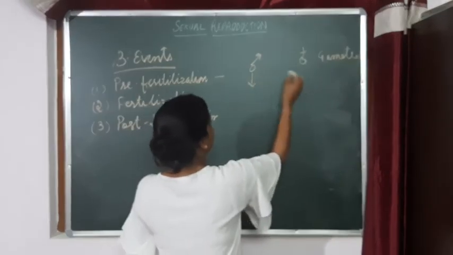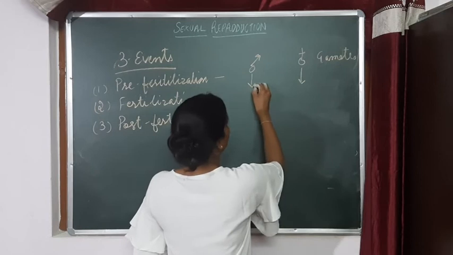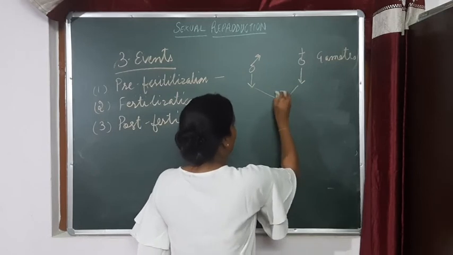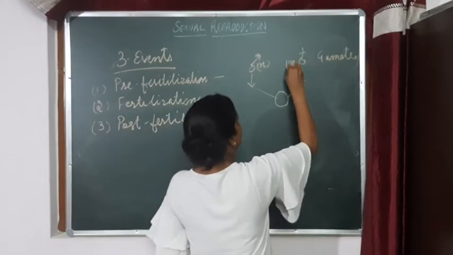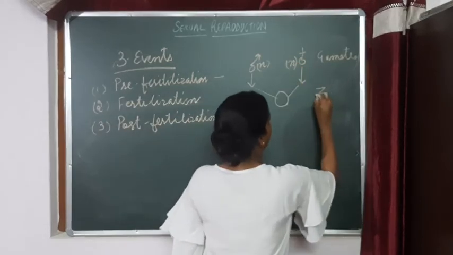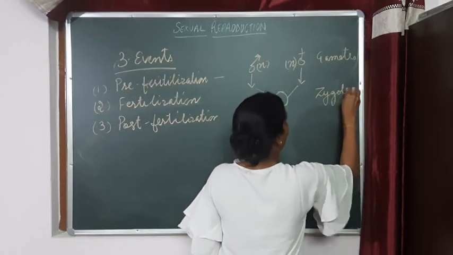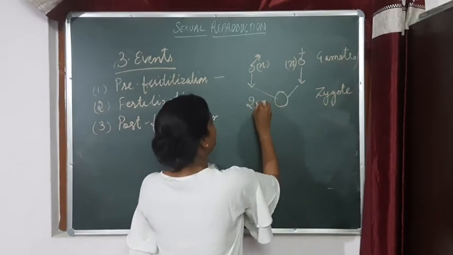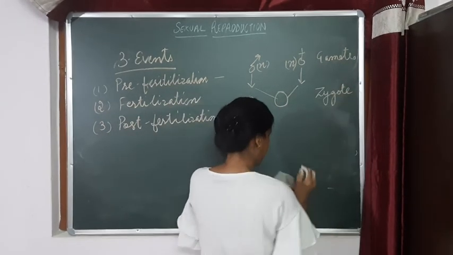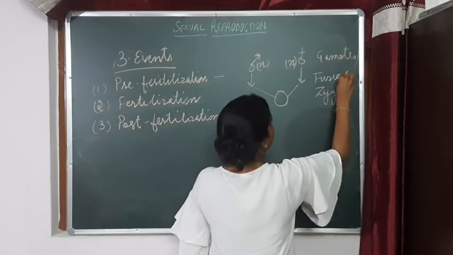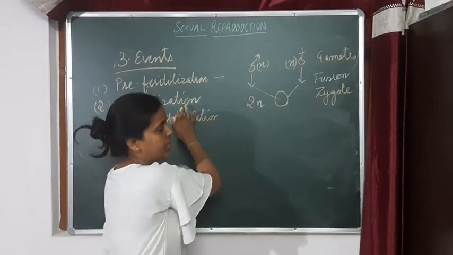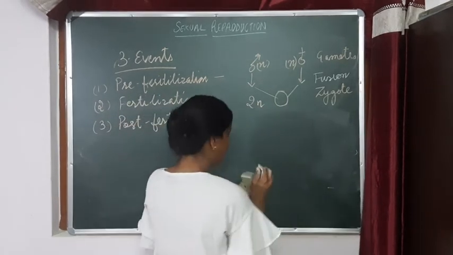Now they are going to fuse. This is N and this is N. These are haploid. Now the zygote is formed, and the zygote is going to be 2N. So the next process occurring is the fusion of gametes. This is fertilization, right? Now the zygote is formed after fusion.